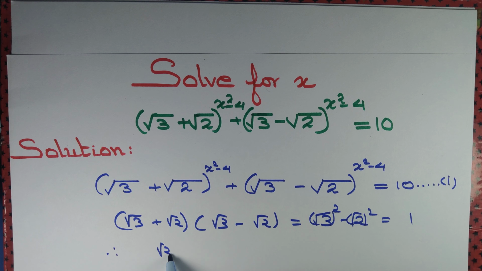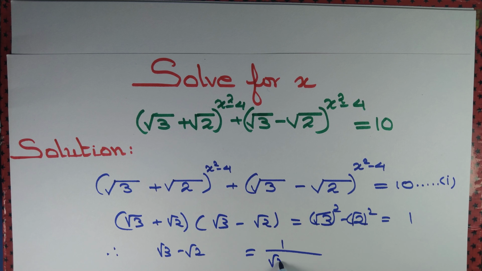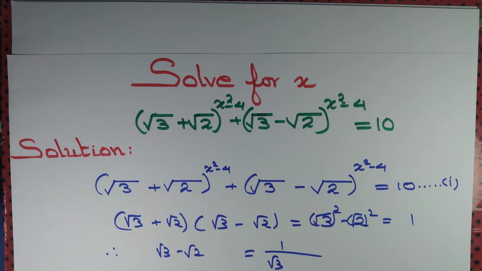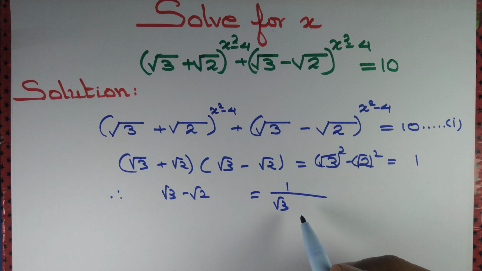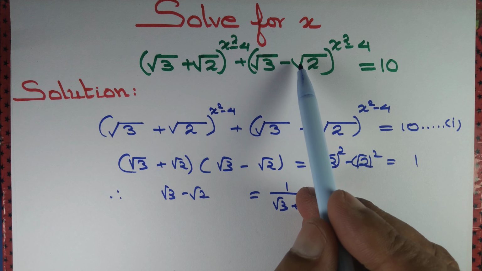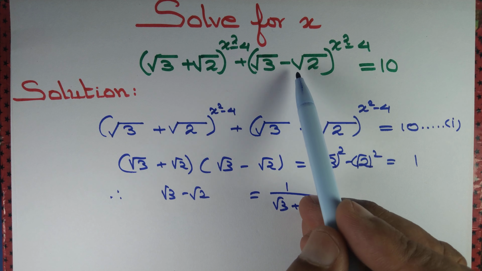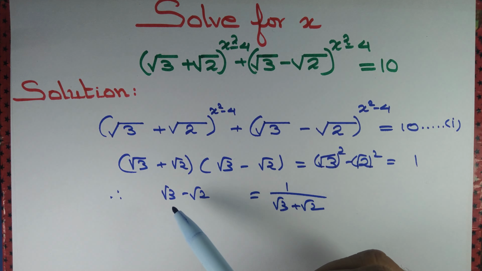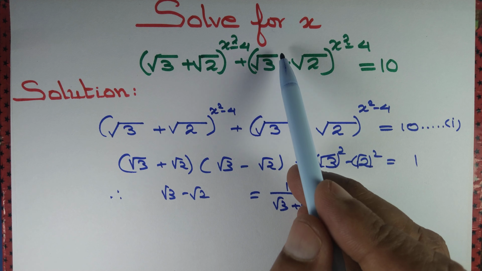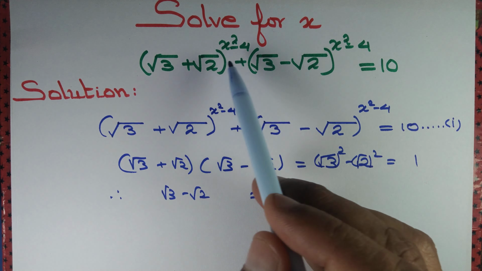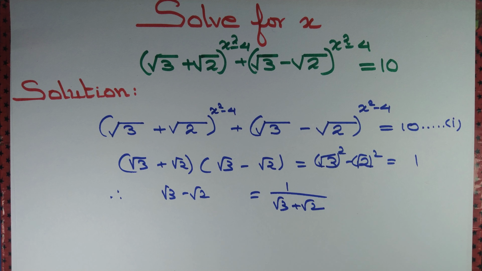Therefore, root 3 minus root 2 equal to 1 by root 3 plus root 2. So you see that if I write 1 by root 3 plus root 2 instead of root 3 minus root 2, then this equation will have a same base, root 3 plus root 2.